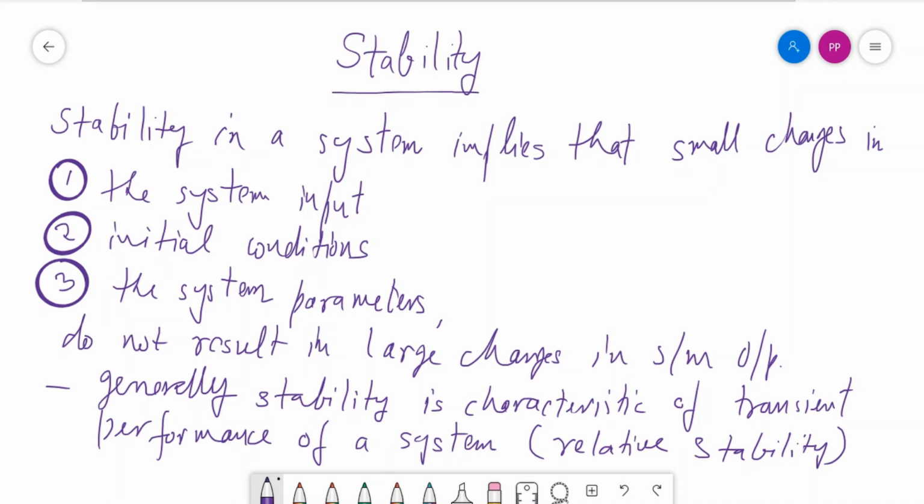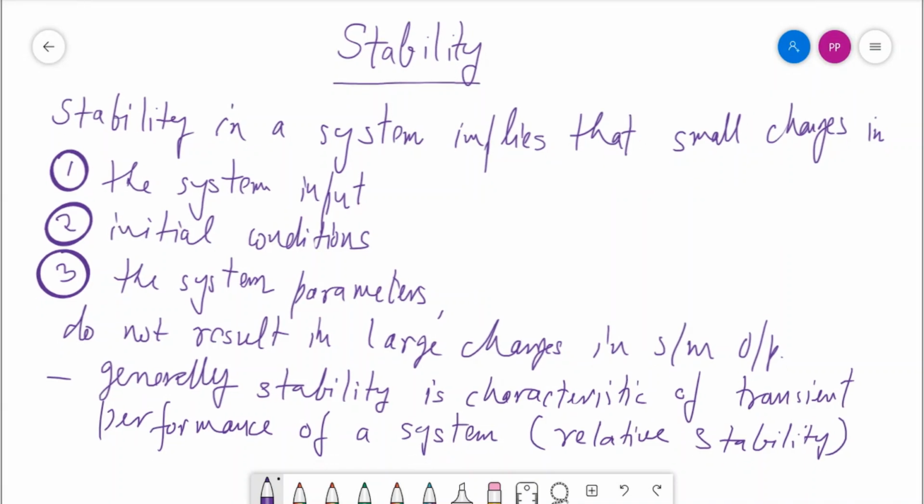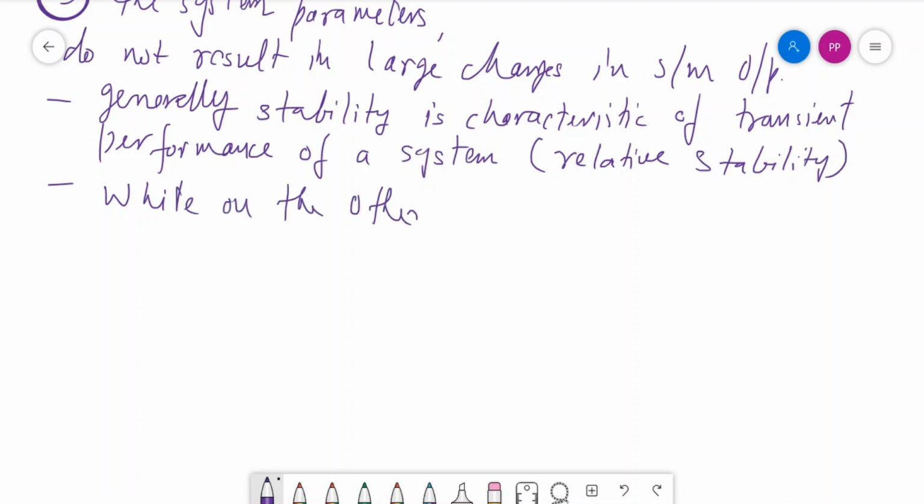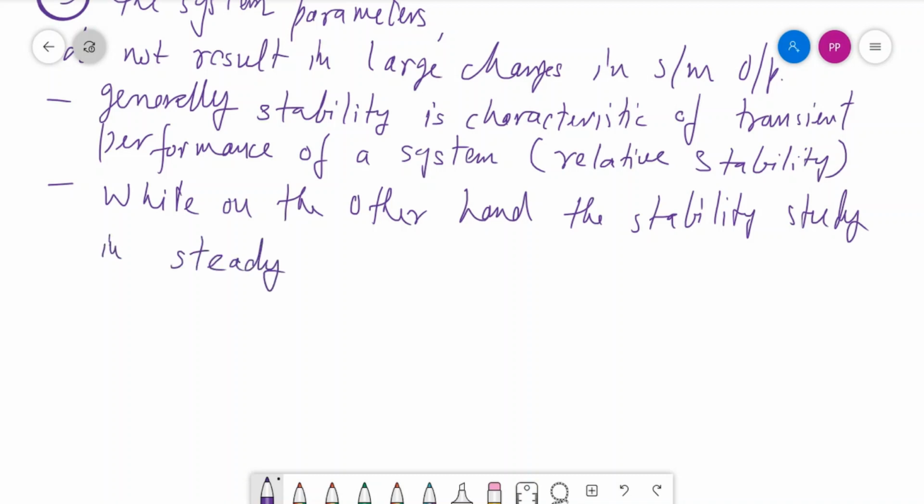While if I speak about the system when the system has reached the steady state, while on the other hand the stability study in steady state will relate to absolute stability.